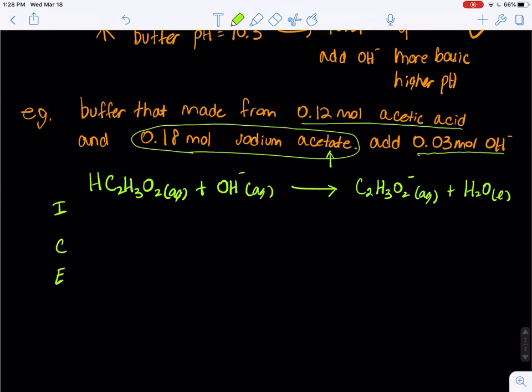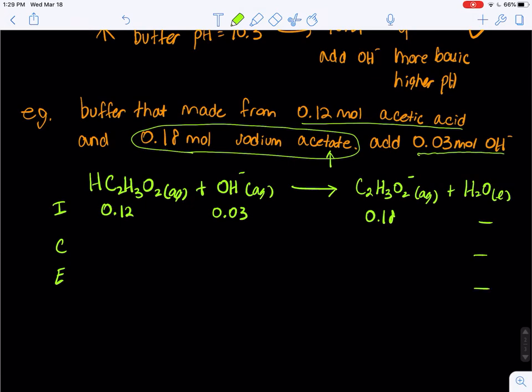Now, once again, what you do for the ice table is you plug in the moles. In this problem, I gave you moles, not molarities and volumes to work with. So under the acetic acid, we want to write 0.12. Under the OH minus, we have 0.03. Under the acetate, we have 0.18. And we don't care about water here.